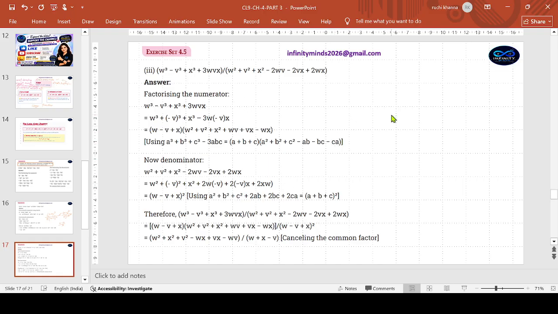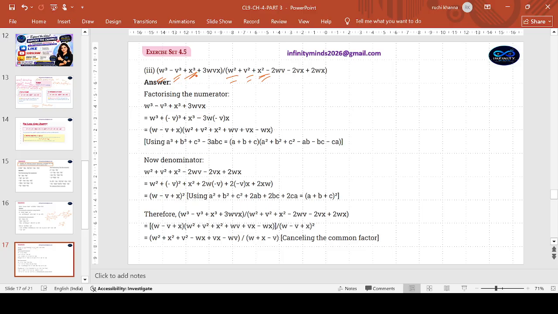Next, again, it's only a matter of looking out for which application of which particular identity. a cube minus b cube. What do you think? Whether it's minus or plus, there are 3 cubic values. The 3 square values used to come, what was it? (a plus b plus c) whole square we used to apply.